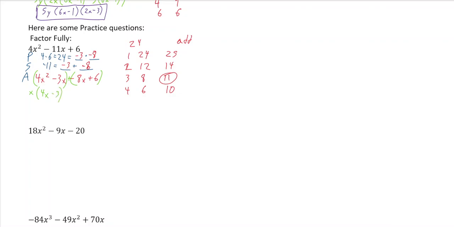But in the second part, we can take out a negative 2, so we get 4x minus 3. Notice that both parts in brackets are the same, so that means we've done it correctly, which means we put it out front. We do x minus 2 afterwards, the part that's left over.